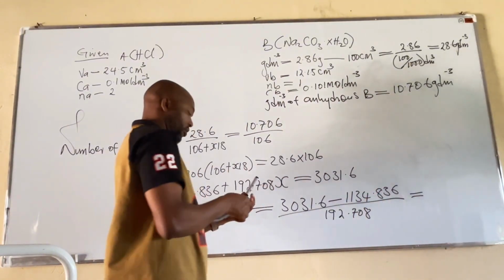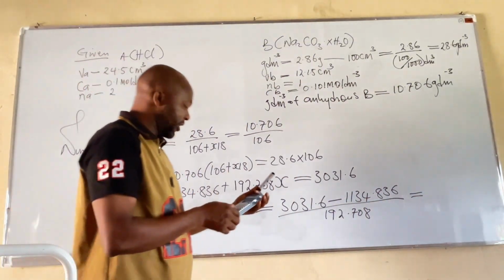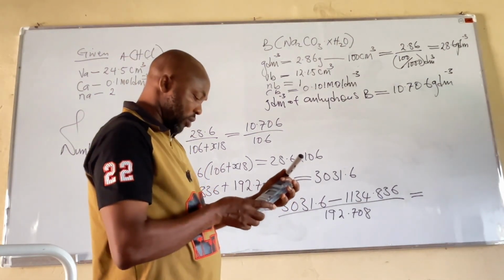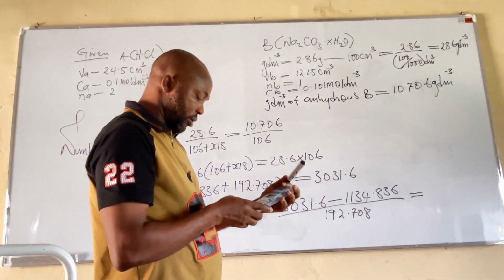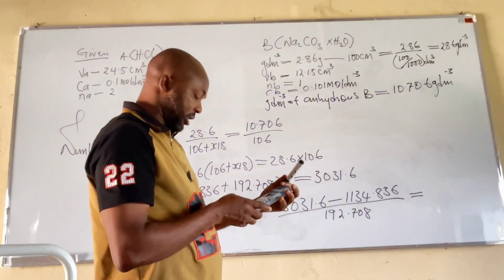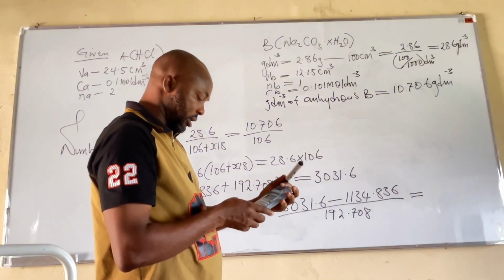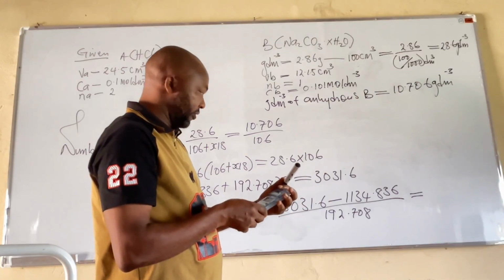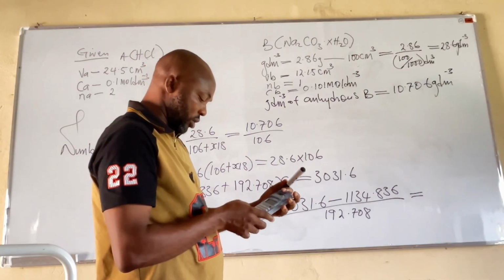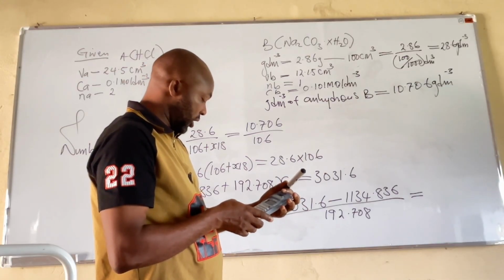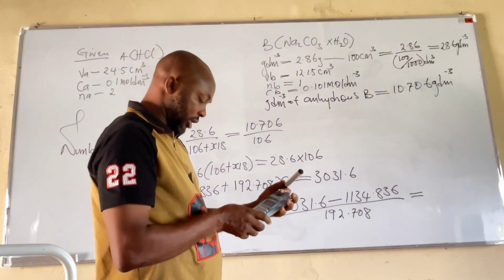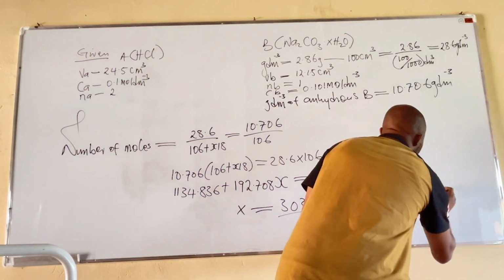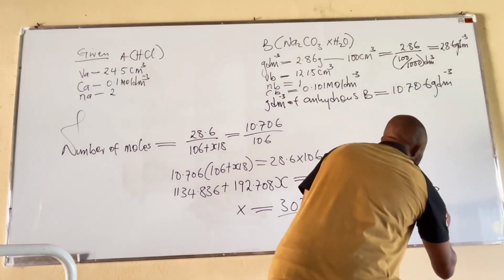So let's see the number of moles. Now I have 3031.6 minus 1134.836, divided by 192.708, which is 9.8, approximately 10.